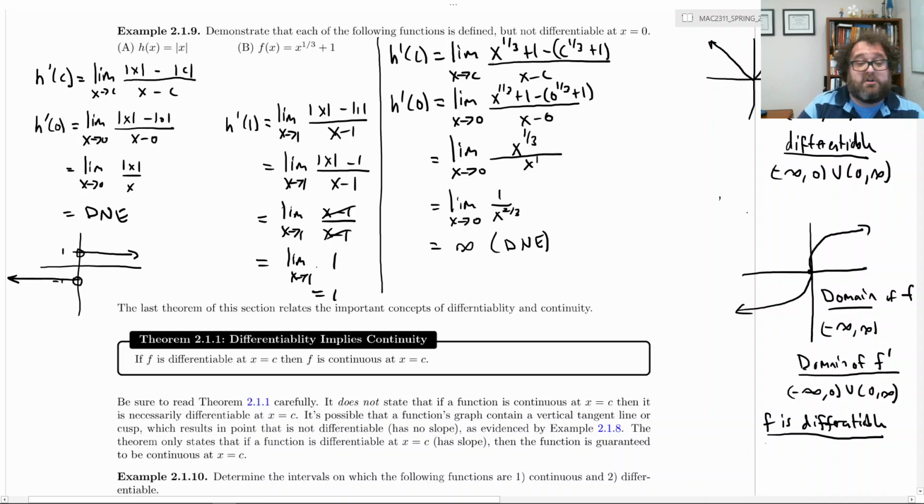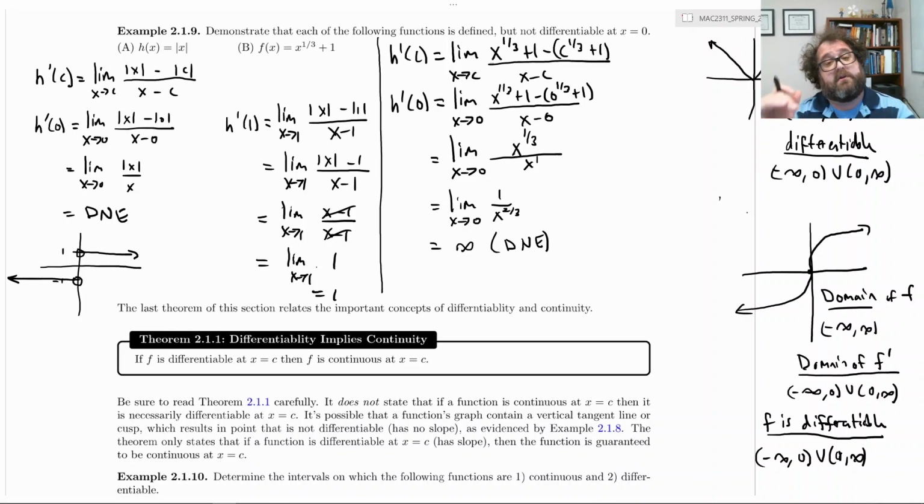So what's the intersection? Where do those two sets overlap? They overlap negative infinity to 0, union 0 to infinity. Okay? So just because a function is defined, this is the point of these two examples, just because a function is defined does not necessarily mean the slope is defined.